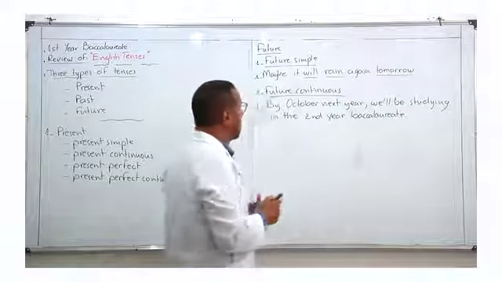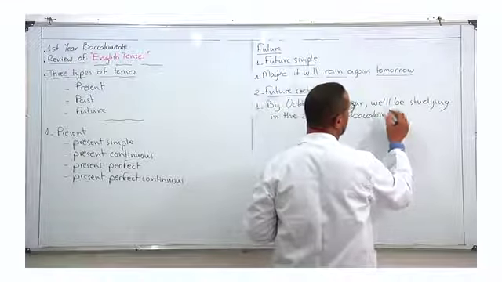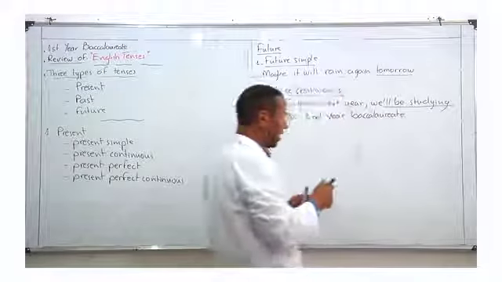All right. The verb here is made with the verb will, or the short form I'll, plus be, plus verb, plus ing.